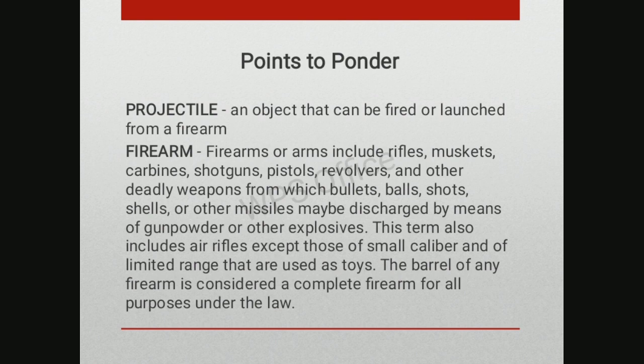So we are referring to the different types, as I mentioned earlier, like for example, whether that is a ball, whether that is a slug, whether that is a bullet, or any other solid object that can be propelled from a certain instrument and usually from a firearm. So that is a projectile.